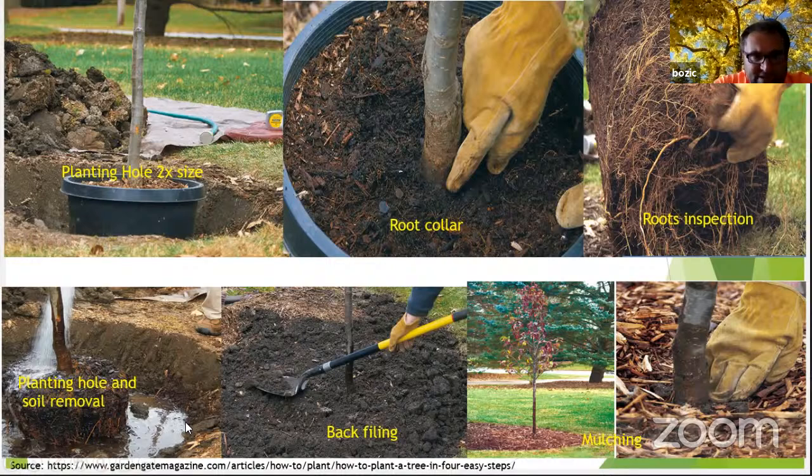If you have lots of water still standing there, you have a heavy clay. That means this is how much water I really need to use. If you have lots of sand, that water will be gone in a relatively short period of time. So again, the best way to inspect what kind of soil you have is to dig up the hole, put the water inside, and see how long that water is going to stay. That will also be an indication for the future of how much you need to water.